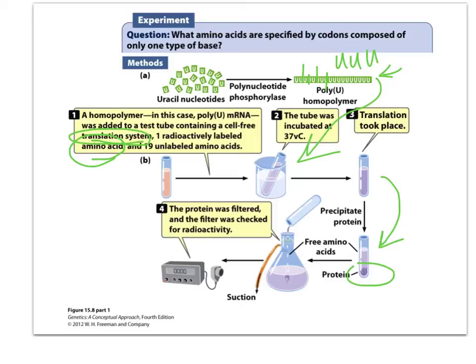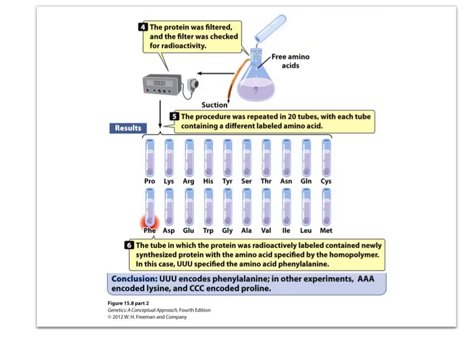We can filter them through a filter, right? Where it's going to trap radioactivity, okay? Listen for what's radioactive. And then look to see which amino acid is stuck in the filter.